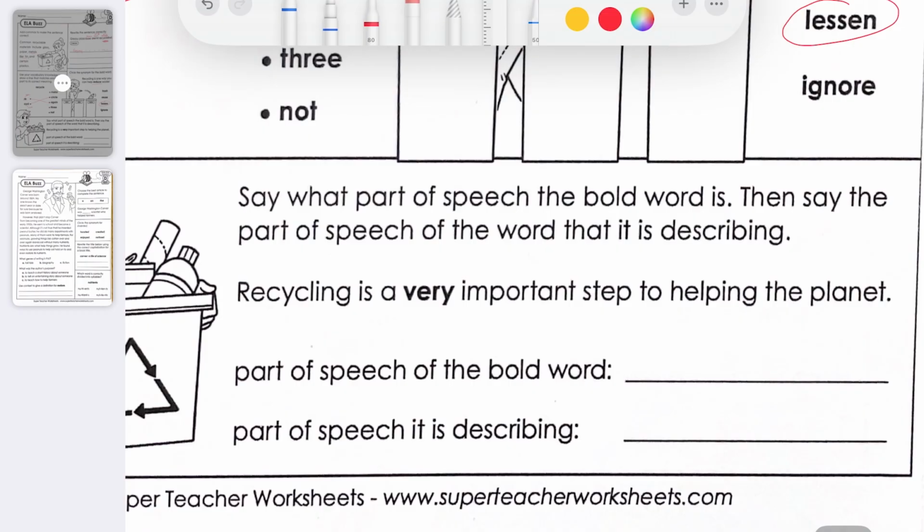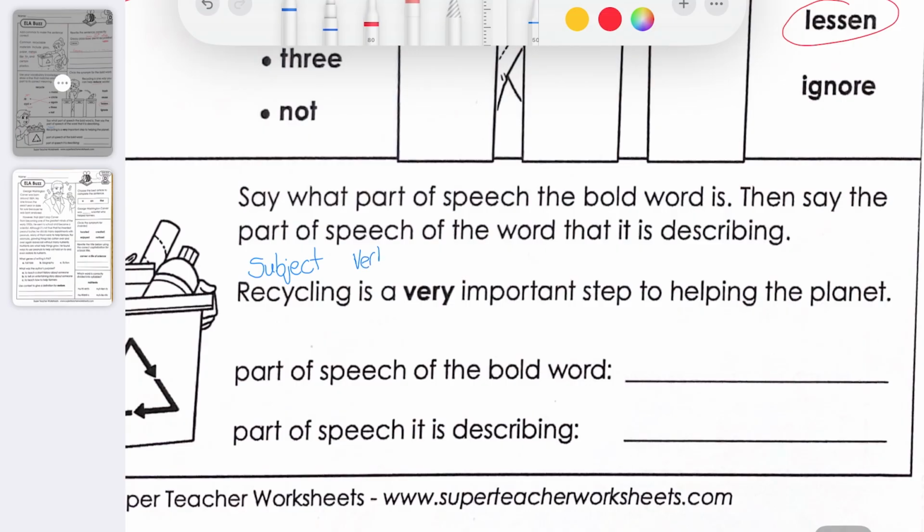So we're going to start with recycling. Recycling is a very important step to helping the planet. We're going to start with what's the subject. The subject is recycling. This is the subject of the sentence. It's who or what is doing something. So subject, and then in this case, it's not who, it's a what. Recycling, what are they doing? And that is the verb.